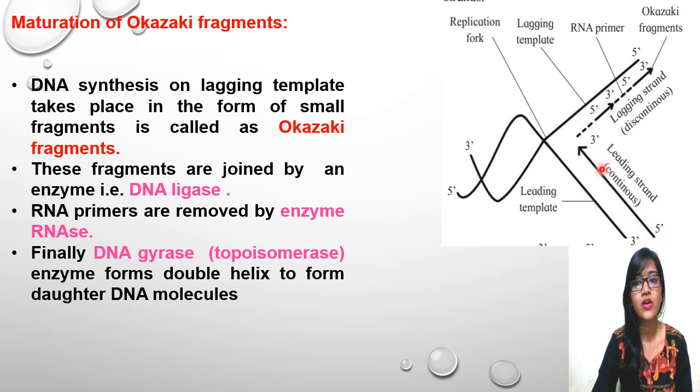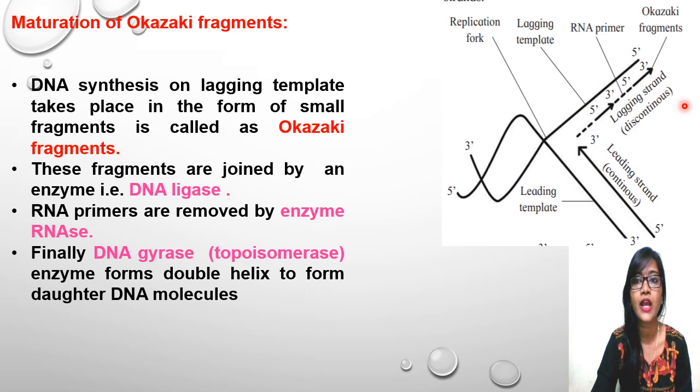So this occurs continuously, in the form of the leading strand. Another is the lagging strand. Now see the lagging strand, 5' to 3', again 5' to 3', again 5' to 3'. In those segments, the Okazaki fragments get formed.